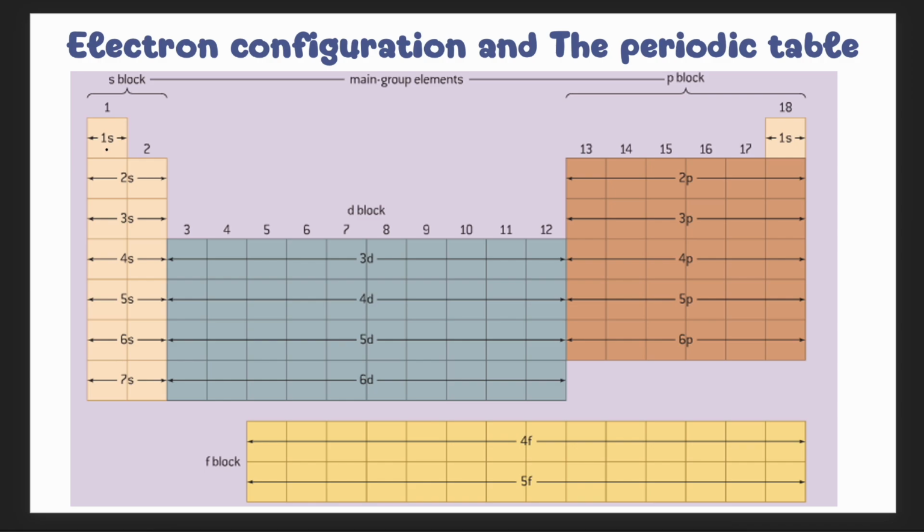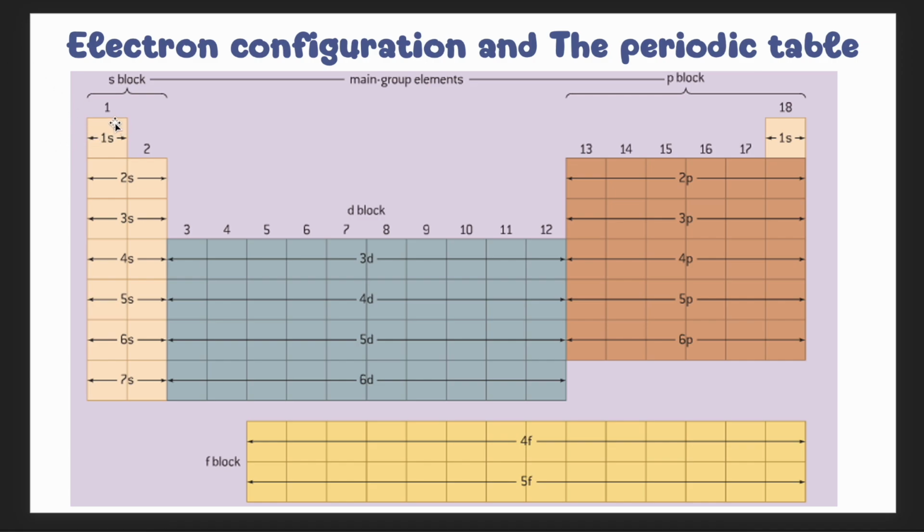So 1s2. This is the S block for the first and second groups of elements, metals, and then the P block for non-metals, and the D block for transition metals. So this is period 1, right?